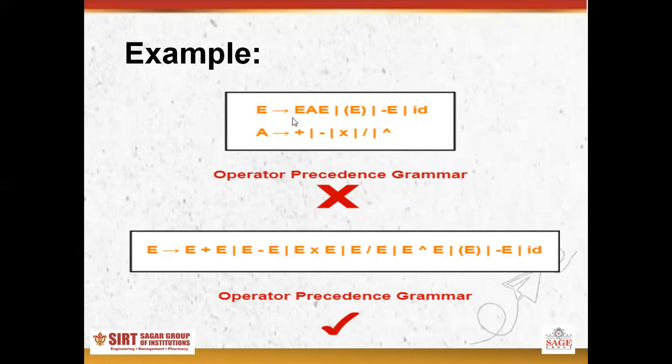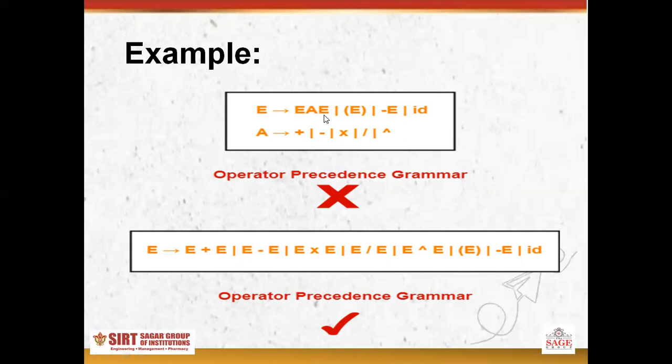When E produces EAE, then we can put E produces E plus E because A produces plus. Now this is operator precedence grammar because two variables are separated with a terminal. Similarly, EAE is also separated as E minus E because A also derives the minus symbol.